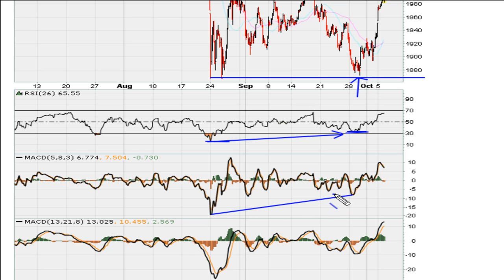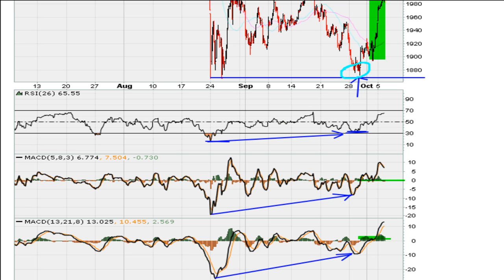MACDs also made a higher high during the same period, and also we see that the other MACD did the same thing. So the strength and the momentum was flipping a little bit to the upside while markets were making this test in price. And it is subsequently when both MACDs were back above the zero line that the market did have this move, this period here, this successful move there.